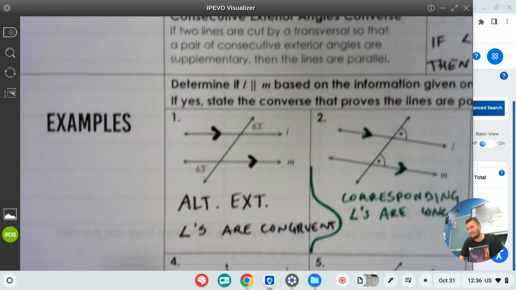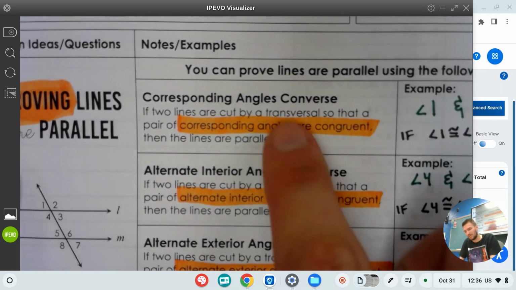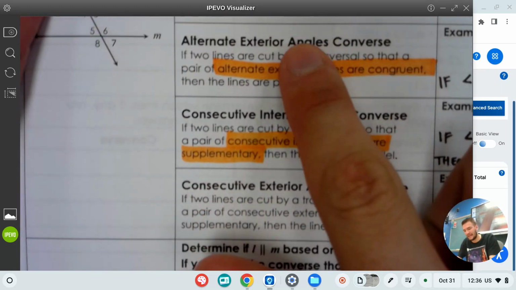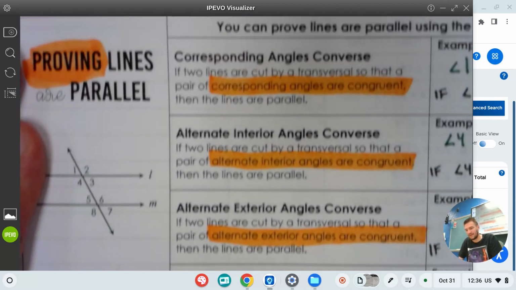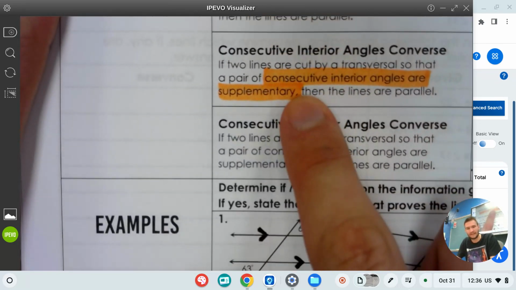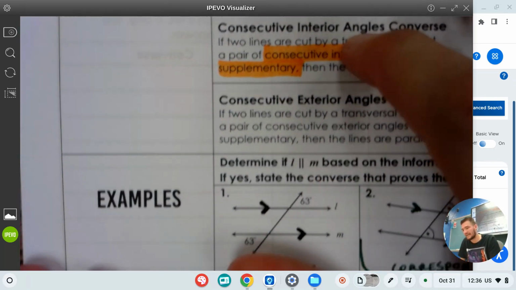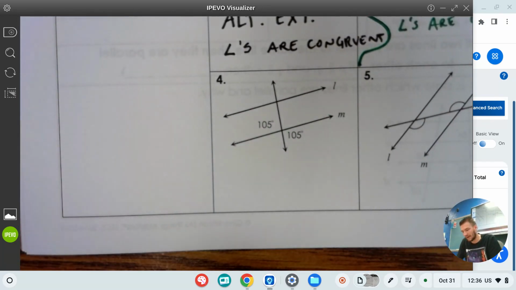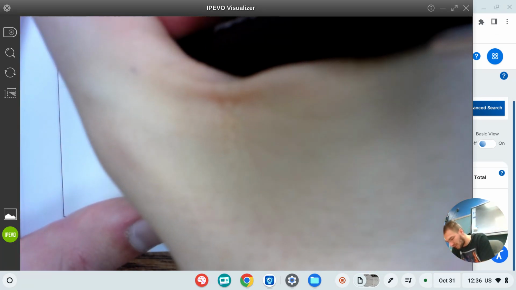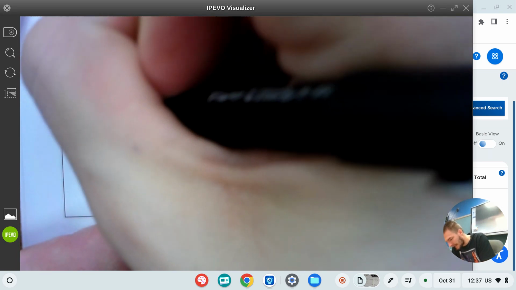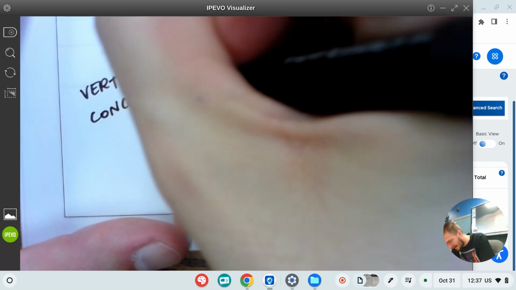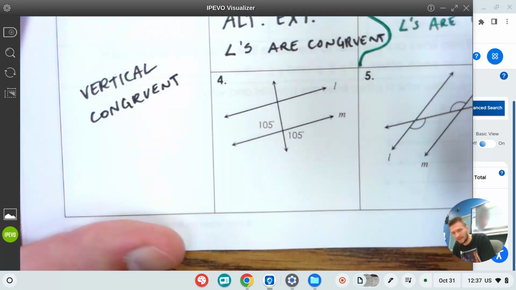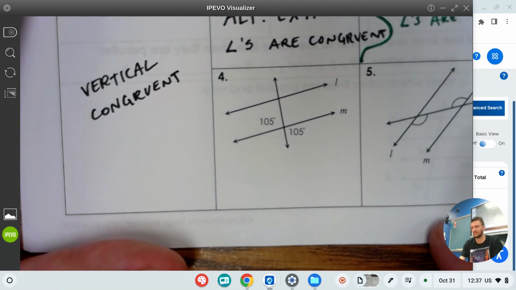Now, is the vertical setup listed in our 5 at the top? Corresponding, alternate, consecutive. Vertical is not. But we know that vertical angles are supposed to be congruent. In fact, I think that's kind of our go-to, is that verticals are congruent.